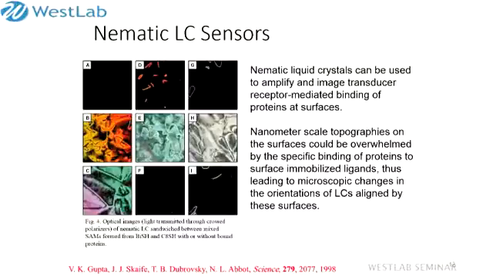Nanometer scale topographs on the surface could be overwhelmed by the specific binding of proteins on the surface, thus leading to macroscopic changes in orientation of the liquid crystal aligned by this surface.